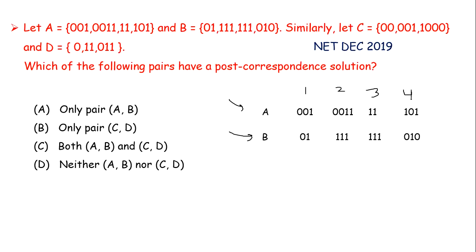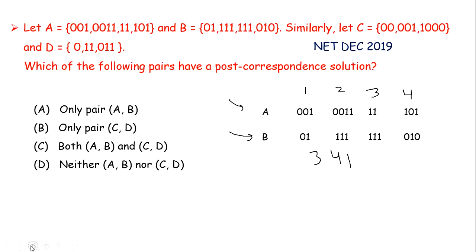Now what is a PCP solution? We have to find some combination of these indices such that the combination gives an equivalent string for both A and B. For example, in this pair of A and B, we have one PCP solution and that will be 3, 4, 1.